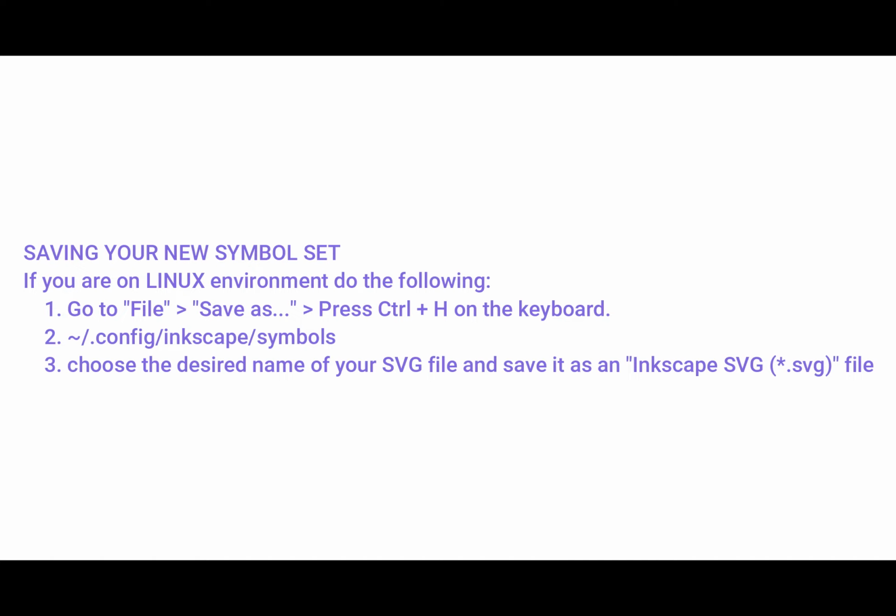That's where you are going to save the symbol that you've created so that it can appear in the drop box. Then you choose your desired name for your SVG file and save it as an Inkscape SVG file.